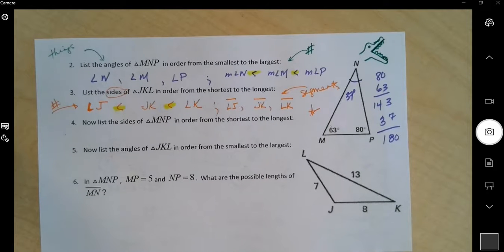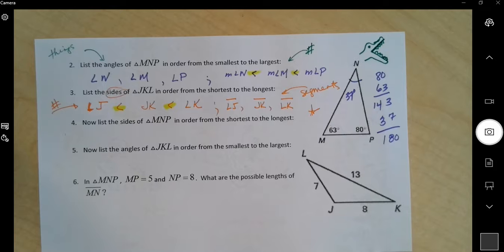What I won't accept is these symbols in between these things. So you have to make a decision. Are you listing the things in order from least to greatest? These are the angles, these are the segments. Or are you listing their measures as an inequality? These numbers and these numbers. Are you with me on that?